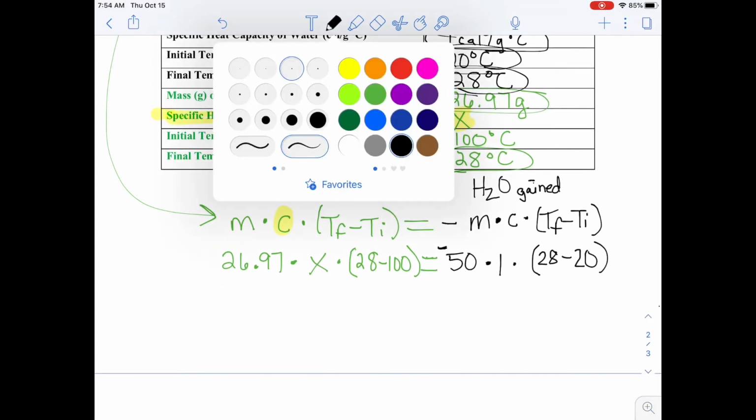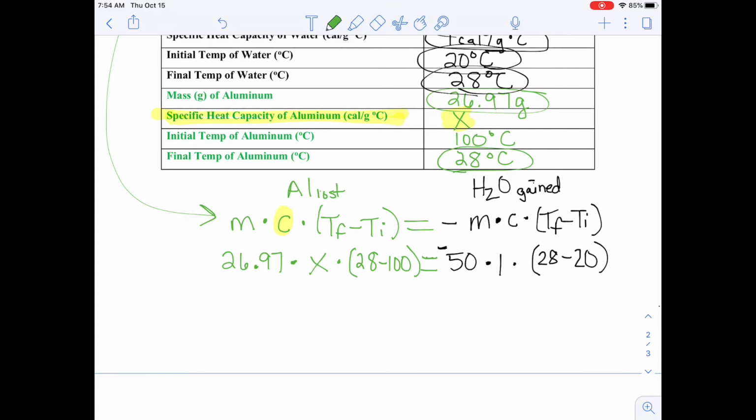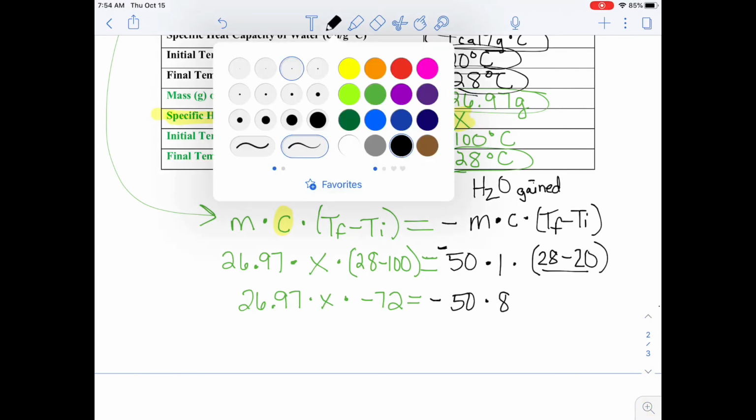Okay, so I'm going to simplify this a little bit more. So on the left side, we have 26.97 times X times, if you take 28 minus 100, we have negative 72. And then on the right side, we have negative 50 times 1, so that's 50, times 28 minus 20, which we know is an 8 degree change.